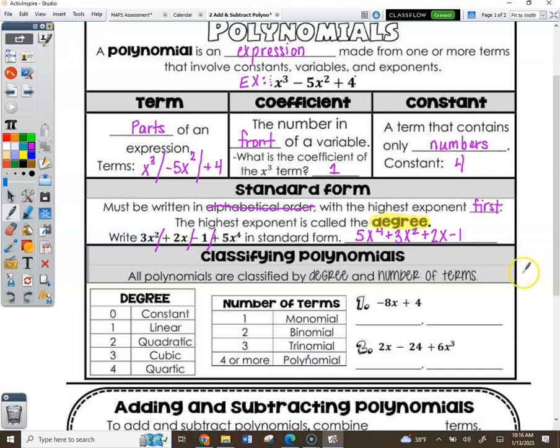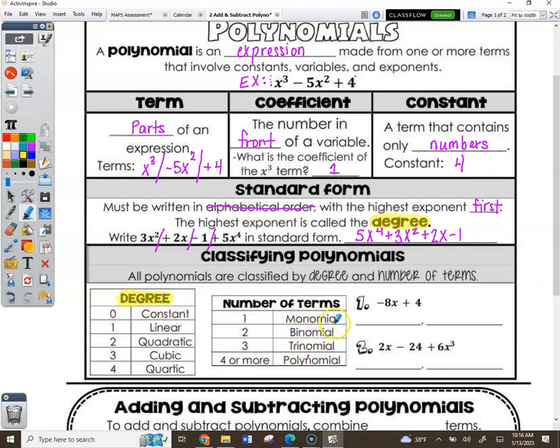The next section is to show you some vocab words, and these really come into play this semester and in Algebra 2, which you have to take next year. There are vocab words associated with the degree of a polynomial and then the number of terms. Let's go to the number of terms because you've probably already heard this.